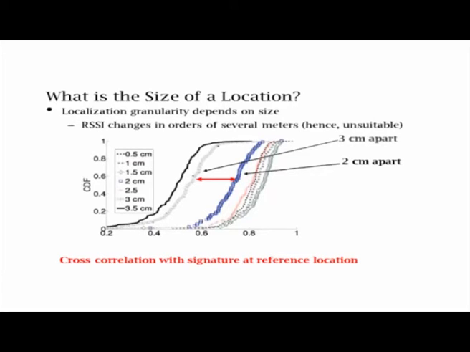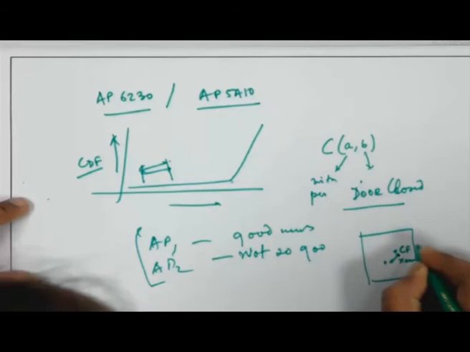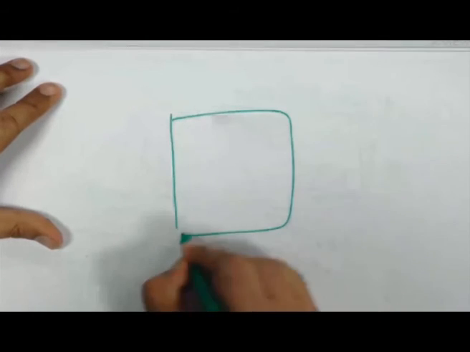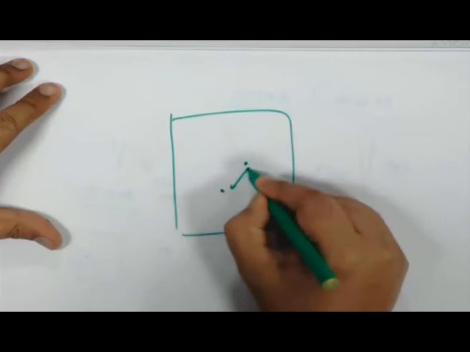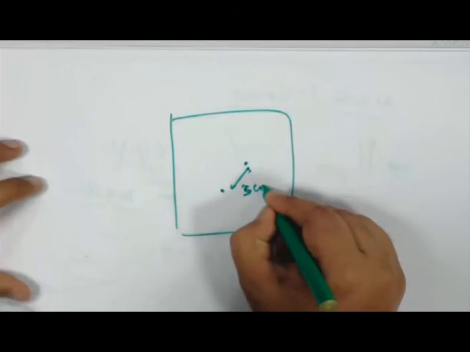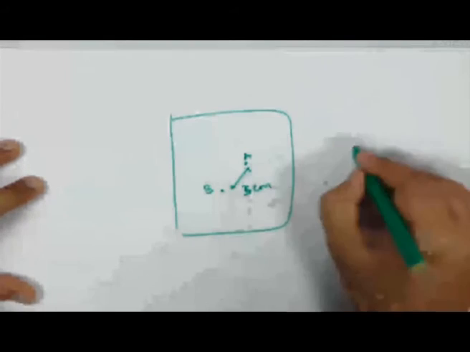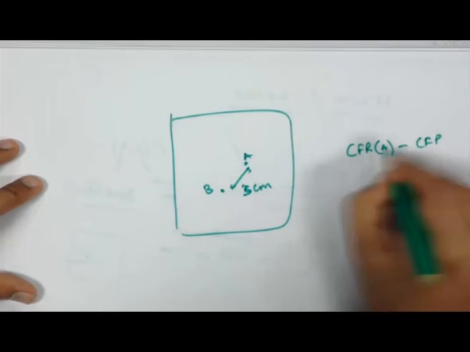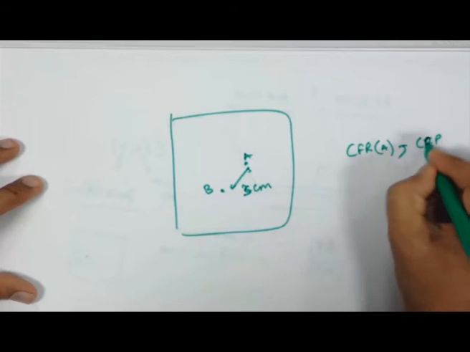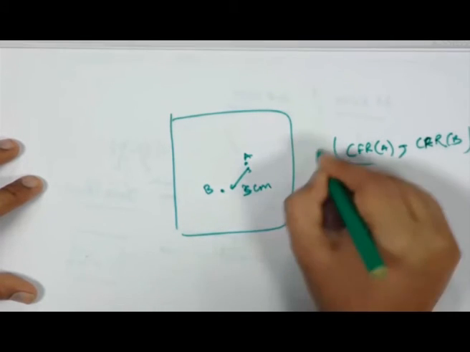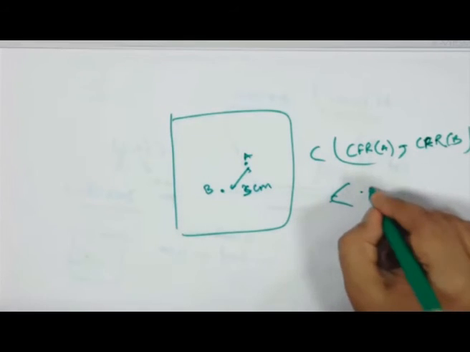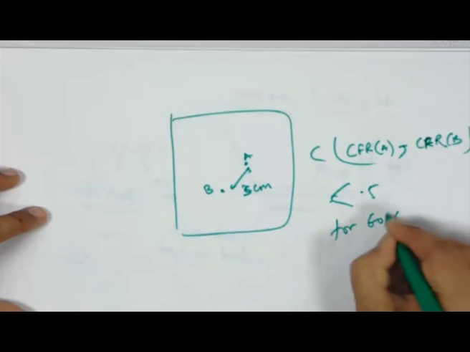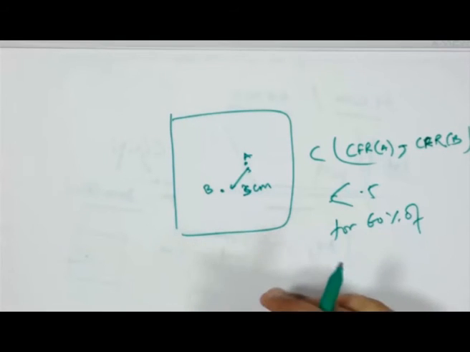For 60% of the cases, the correlation between the CFRs of point A and point B, which are 3 centimeters apart, is less than 0.5, which is very bad, although they are just 3 centimeters apart.